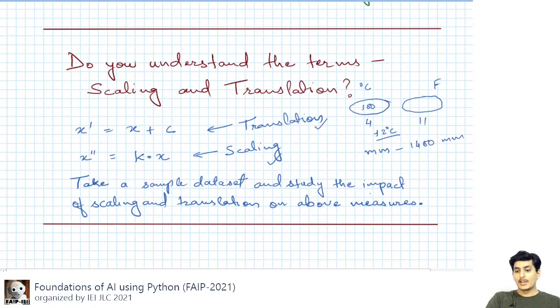But let's say the application that you are trying to execute does not support such large numbers, or maybe you do not have enough memory. Let's say this particular data set has 1 million entries in it. That would mean, if this single number takes 32 bits of memory, you will require 32 megabits of memory, and you may not have that much memory to load the data. Then what would you do?